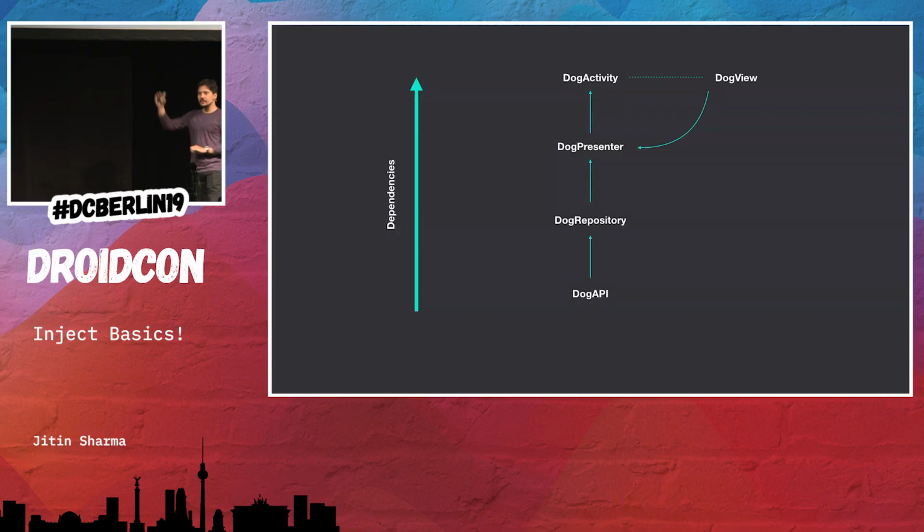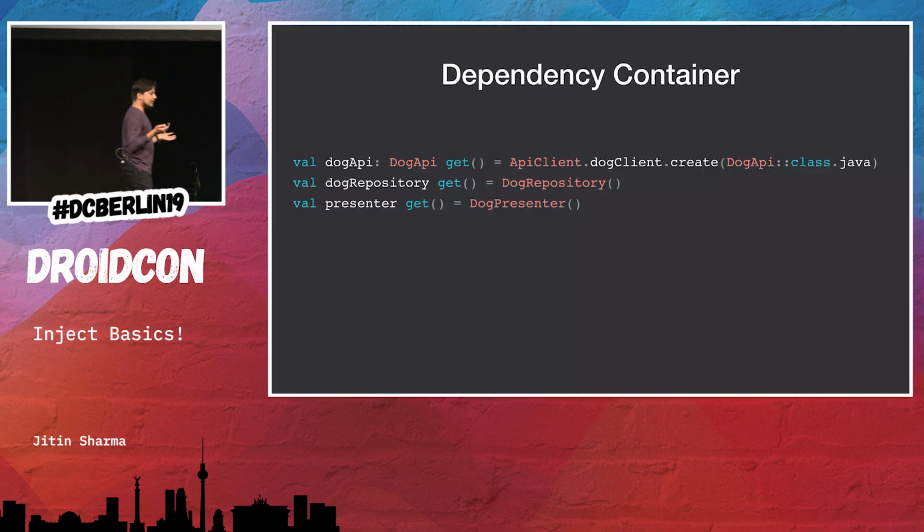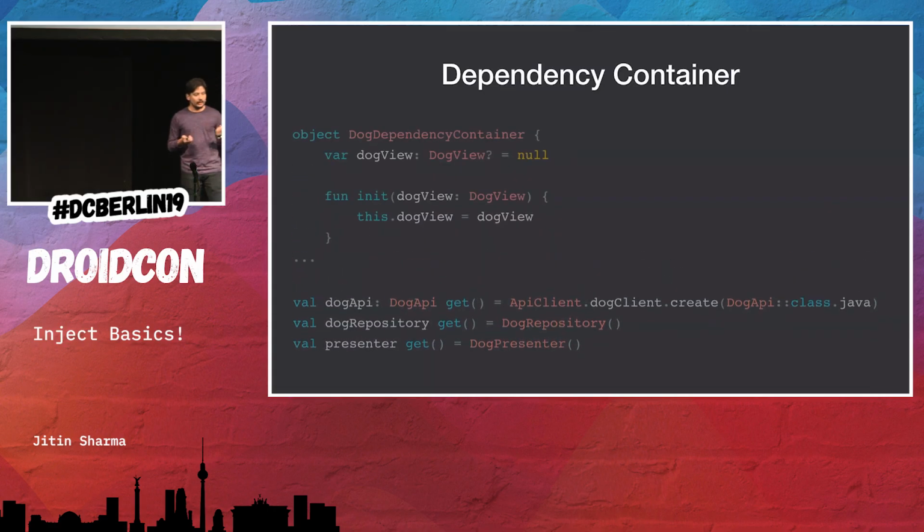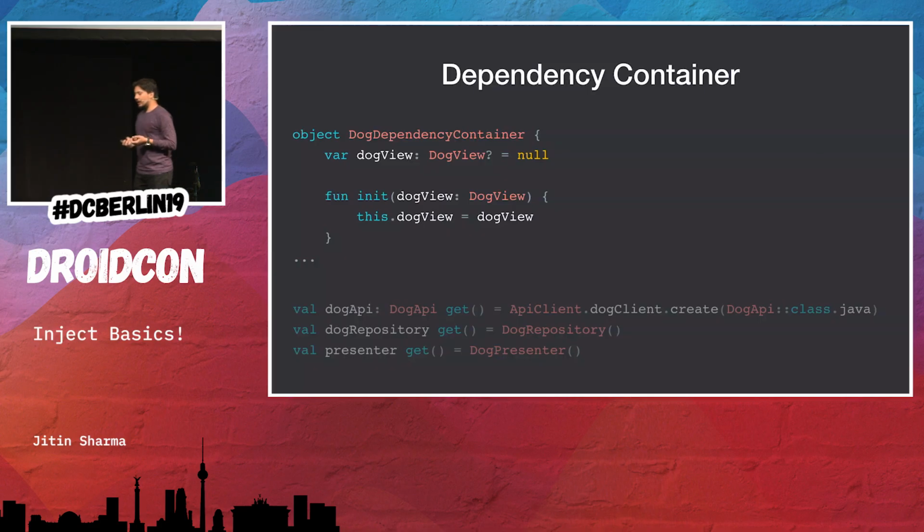So you got a single line chart here of dependencies, which means all of the dependencies I can now hold in a container of sorts, which means I can create a dependency container. APIs are something which are mostly created isolated. I have a repository constructor, I have a presenter constructor. And for my MVP, I have a view contract, which will be provided by my, let's say, activity or fragment, whoever is implementing it.